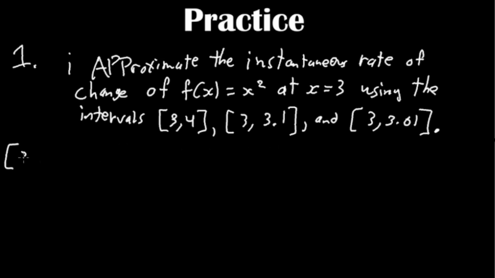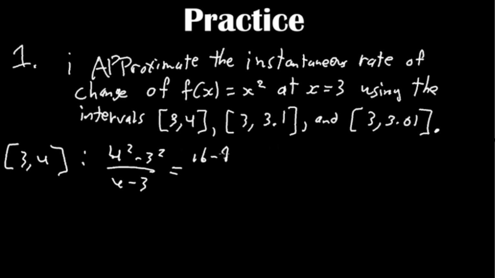So for 3 to 4, our function is x squared. So to get our output, we just square our input. So we would do 4 squared minus 3 squared over 4 minus 3. That's going to be 16 minus 9 over 1. That is 7. All right, now just from 3 to 3.1.